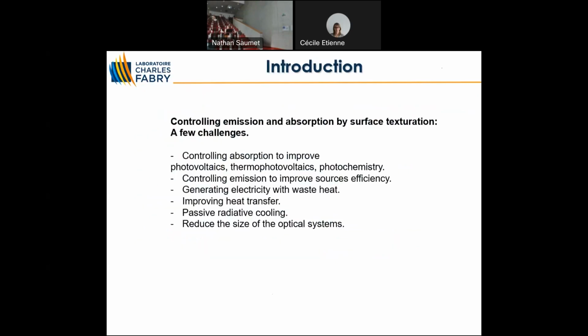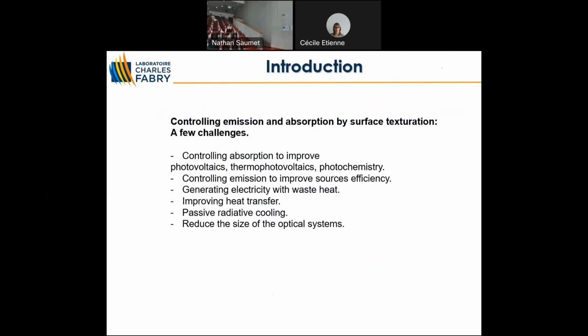Okay. So a few ideas regarding the general context of this series of seminars here. Surface engineering in terms of sustainable development. One obvious thing is photovoltaics. That's what we heard just before.